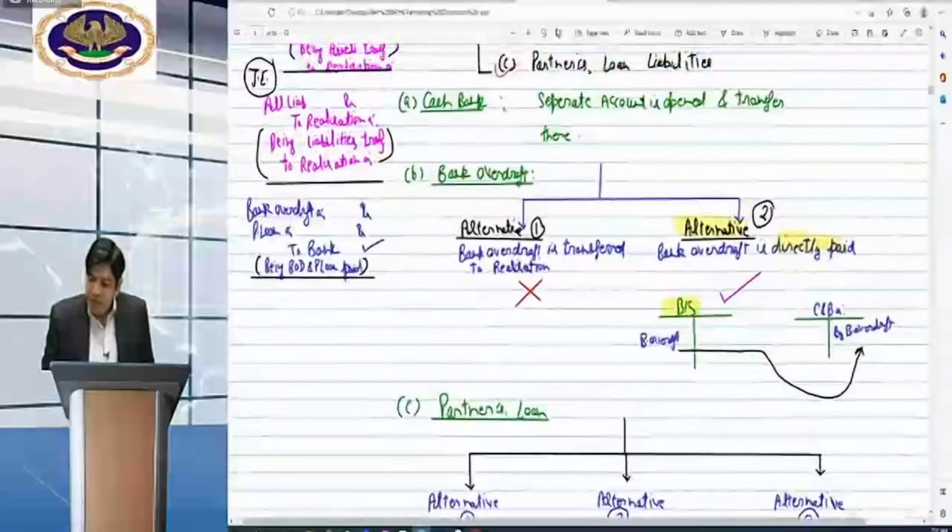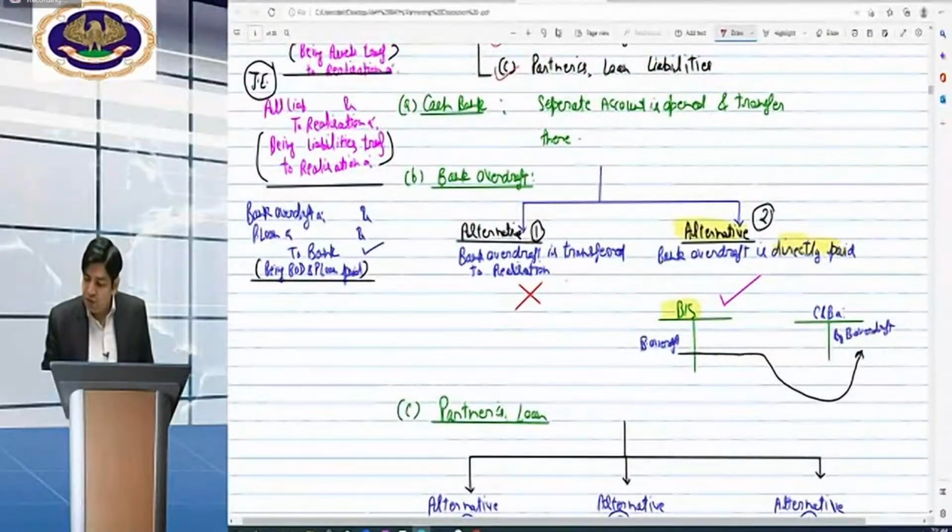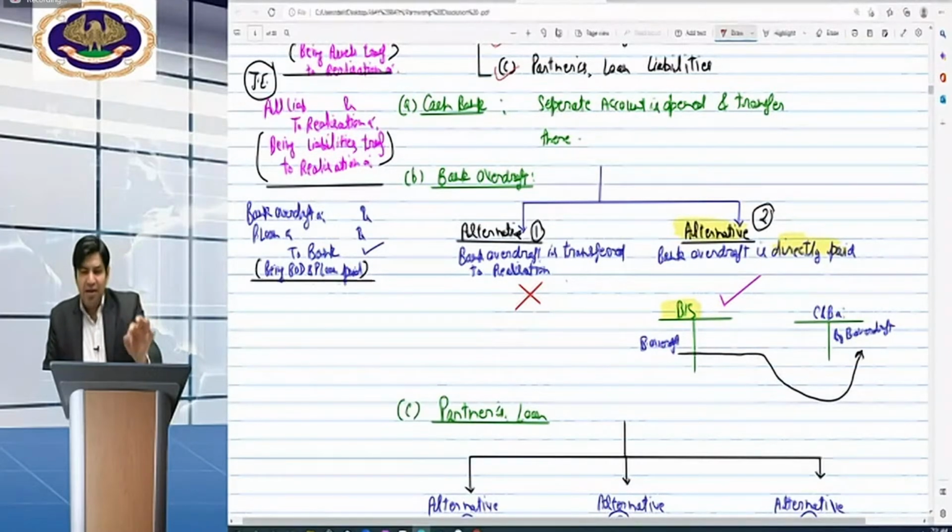That bank overdraft will be transferred directly to the cash and bank account to be paid. What is the entry? Bank overdraft account debit to cash and bank. In the question, if you find a bank overdraft, then definitely it will be transferred directly to the cash and bank account. Tell me everyone, is the cash and bank and overdraft doubt okay?